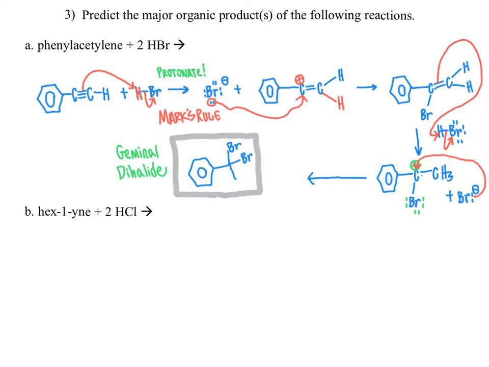Similarly, we're going to go on to the next part, part B here, where we are going to carry out an analogous reaction as we did in part A to get a little more practice at this. Hex-1-yne. So we need a 6-carbon chain.